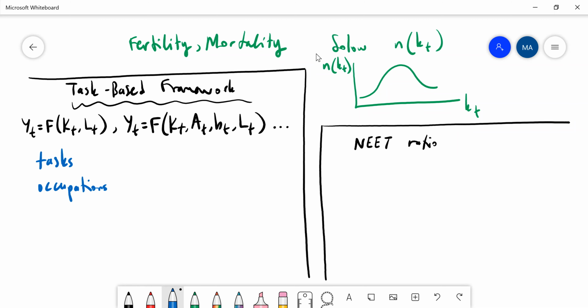If you want to take a look, you can check a particularly nice paper by Acemoğlu and Autor, I guess 2011, Handbook of Labor Economics.